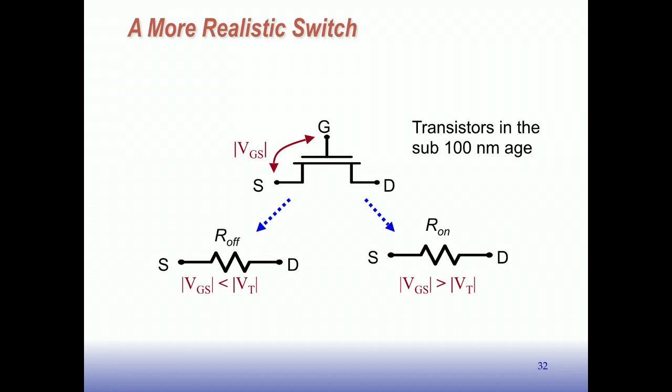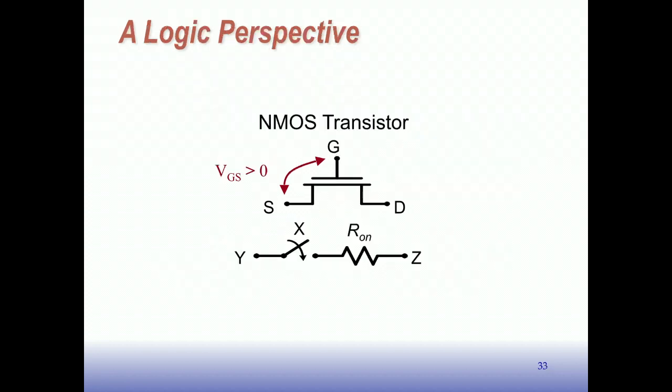Okay, so that's kind of, and now we're going to move it up into a logic perspective. How do we think of this as a logic device, or a device for building logic circuits? Well, one place we can start is we can think of this in terms of these Boolean variables here, x, y, and z.